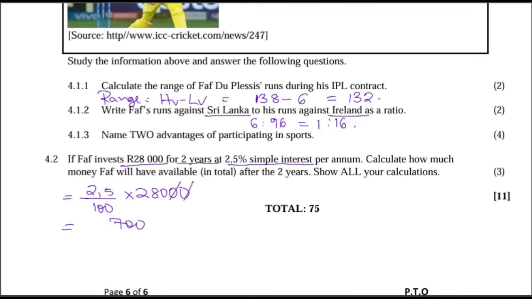But this is for 1 year, so multiply by 2 years, you get 1,400. But we are not interested in that. We are interested in the total after 2 years. So plus the money that he had invested 2 years ago, leaving us with 29,400. And this marks the end of our paper 1. Thank you very much.